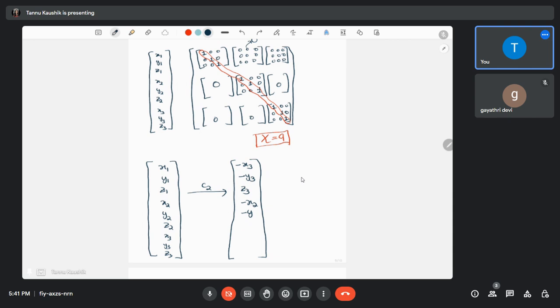So minus y2, z2 will become z2. x3 will become minus x1, minus y1 and z1.